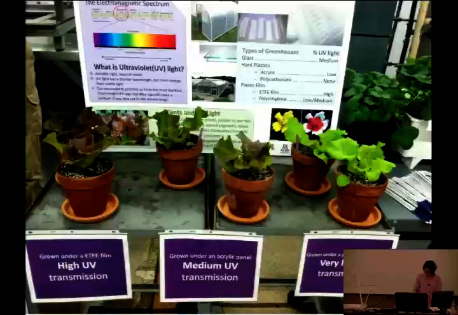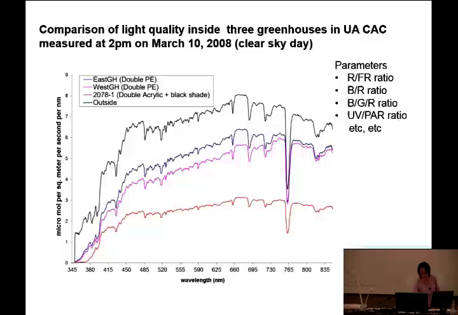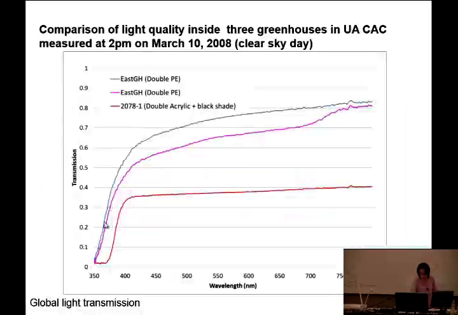All right, how am I doing? Okay, this one just shows my greenhouse transmission relative to the outside. This is the outside level, 350 to 840 nanometers, and it shows different greenhouses. Just by looking at those raw numbers measured at each wavelength, it is very difficult to see the property, so you convert this into transmission percentage. This is the transmission percentage of the three greenhouses I showed in the previous slide.